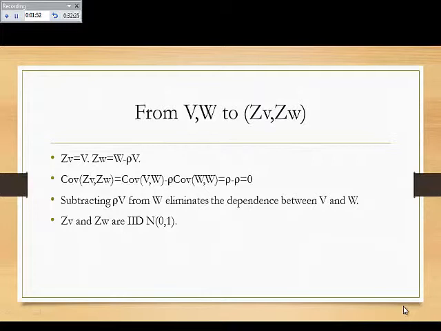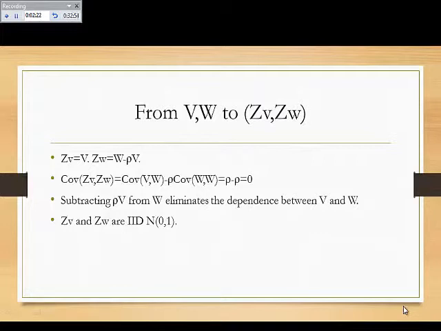It's covariance of VW minus rho times the covariance of VV. Sorry, I got this wrong here, but it doesn't matter. The first covariance of VW is rho, because these are standardized, and the covariance of VV is 1. So this will become rho minus rho, which will be equal to 0.